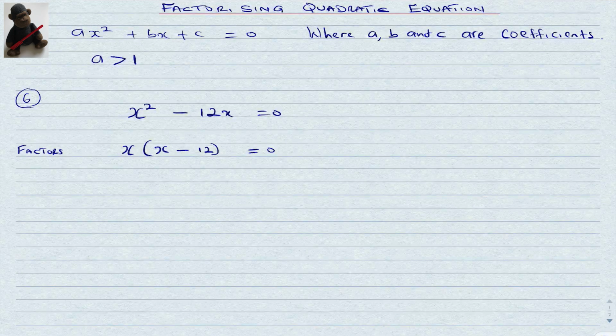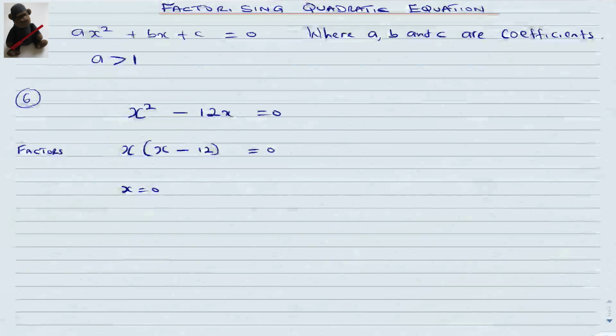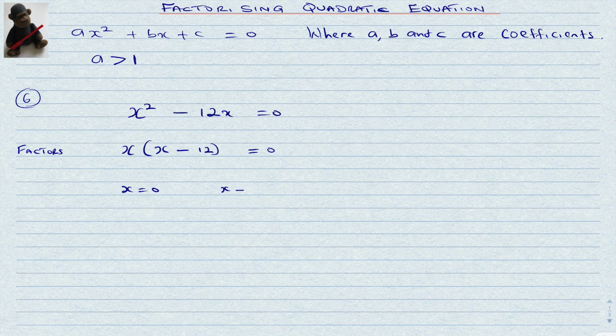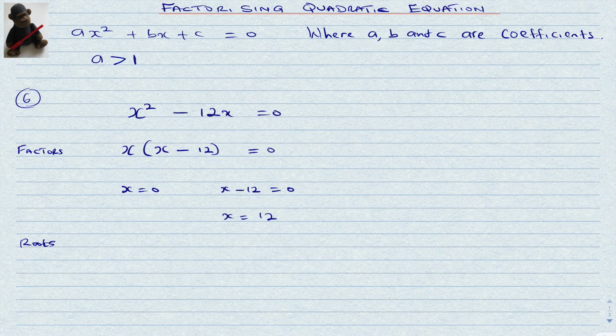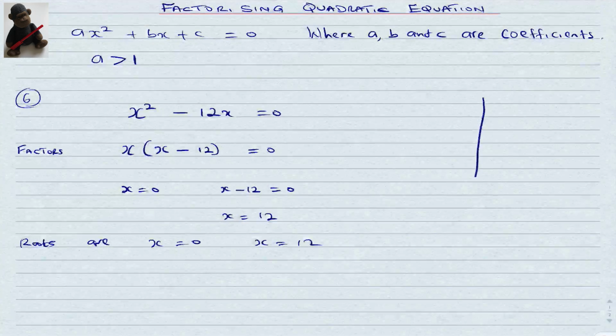In this case, we just need to set each factor to 0: x equal to 0 to get the roots, and x minus 12 equal to 0. Therefore, x equals 12. So the roots are x equals 0 and x equals 12. So let's sketch this curve quickly.